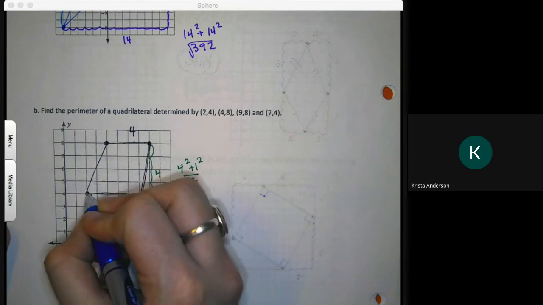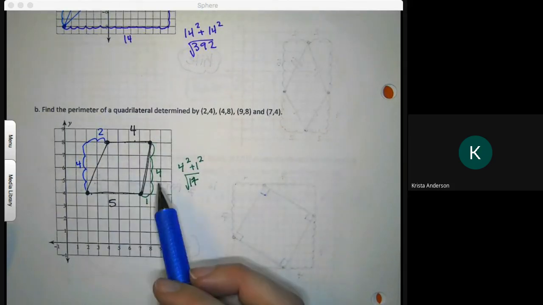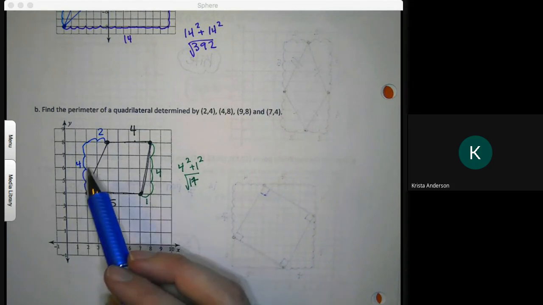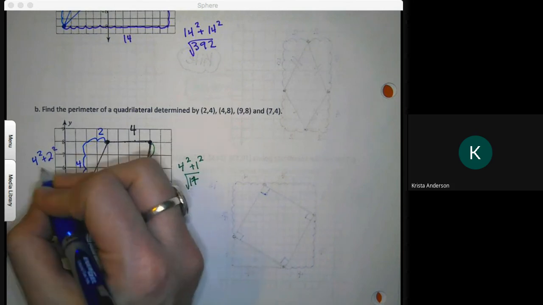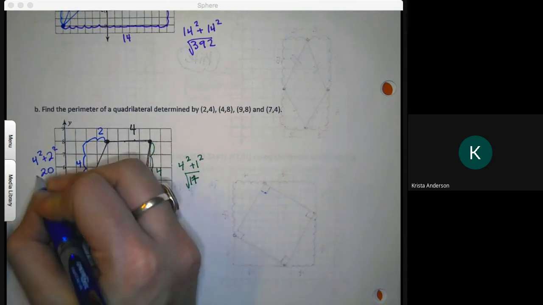The left side is 1, 2, 3, 4 by 2. Do these sides match? One's 4 by 1, this one's 4 by 2. I have to check. 4 squared plus 2 squared would be 16 plus 4 would make 20.